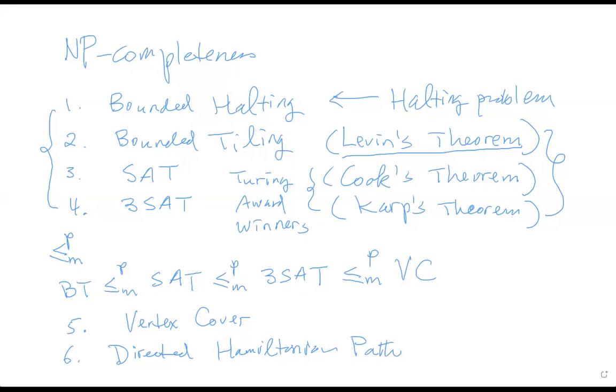So bounded tiling is called BT, SAT is satisfiability, and 3SAT. This one is called Ham path.